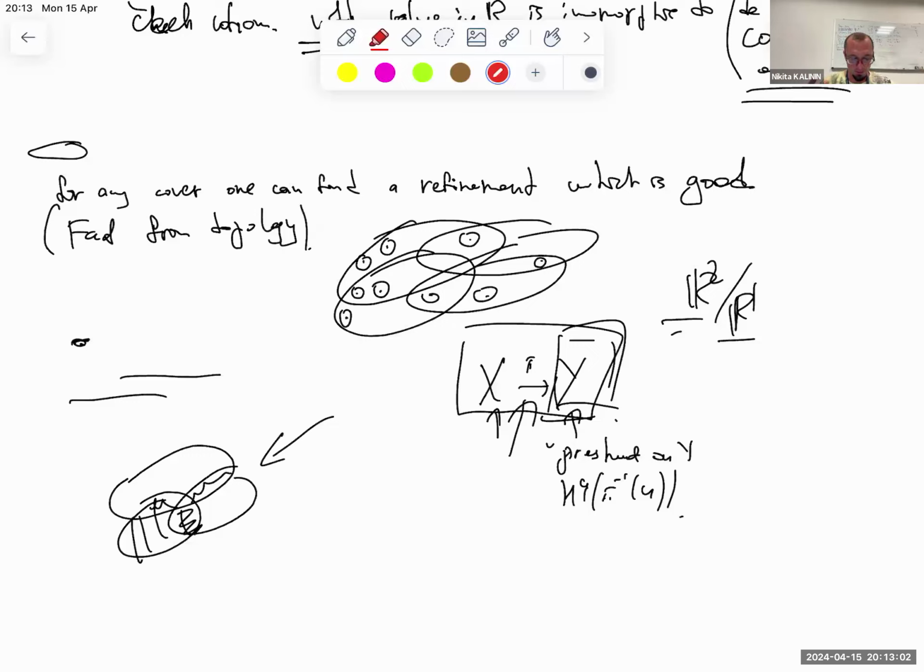If you look at manifolds, then there are good covers such that all the intersections are just contractible. In any cover, you can find a good refinement. Because of that, it's enough to take just any good cover, because for all good covers the homology is the same.